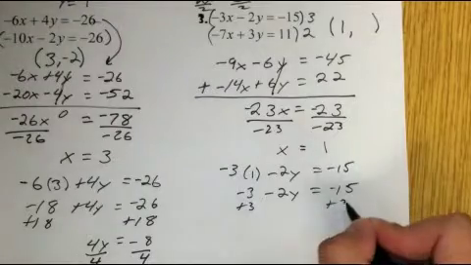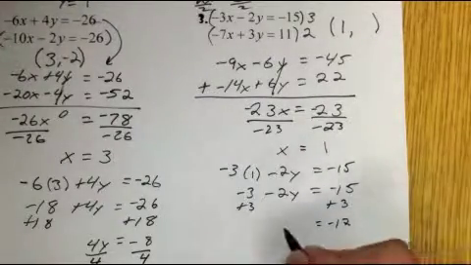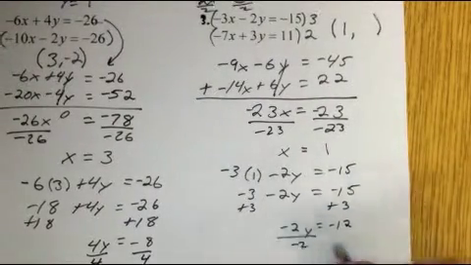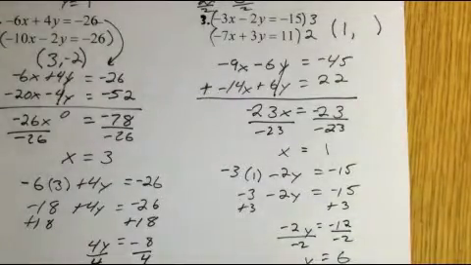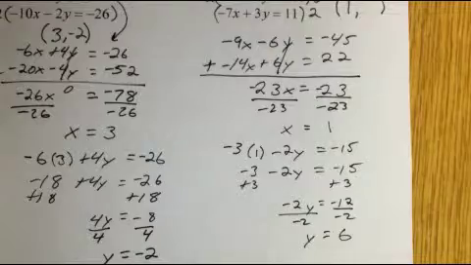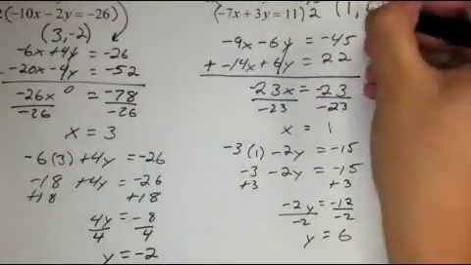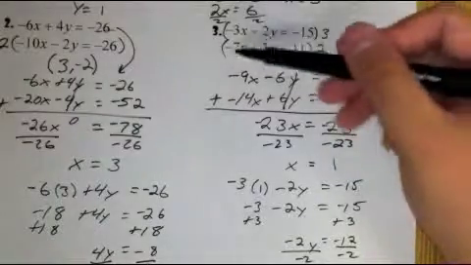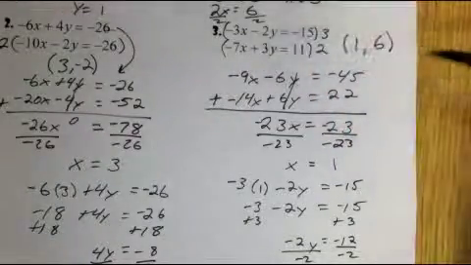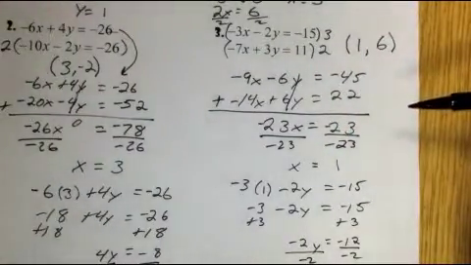Add 3 to both sides. You get negative 12. Divide by negative 2. You should have gotten 6, a positive 6. Okay? Either way you did it, if you manipulated to get your x's to eliminate or your y's, you should still have gotten 1 comma 6.